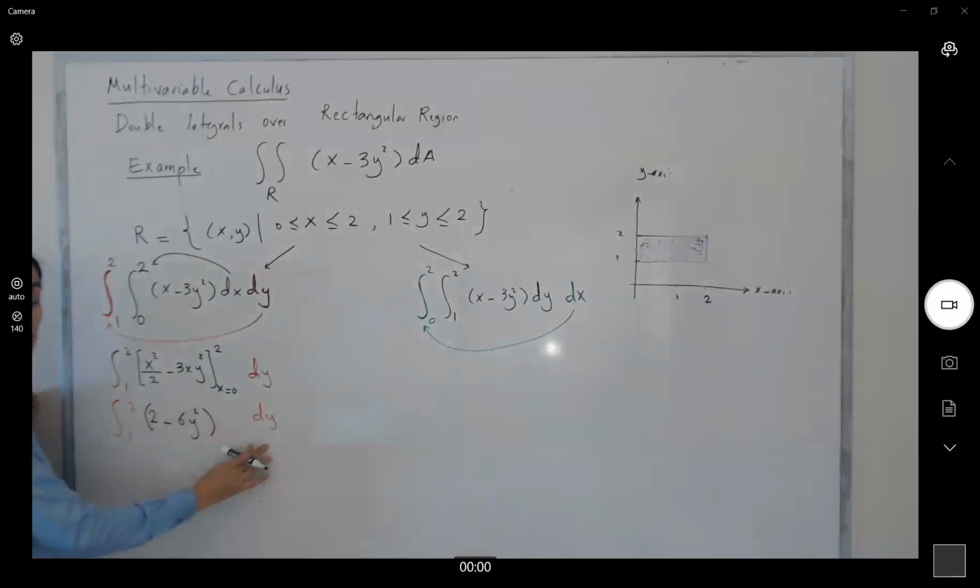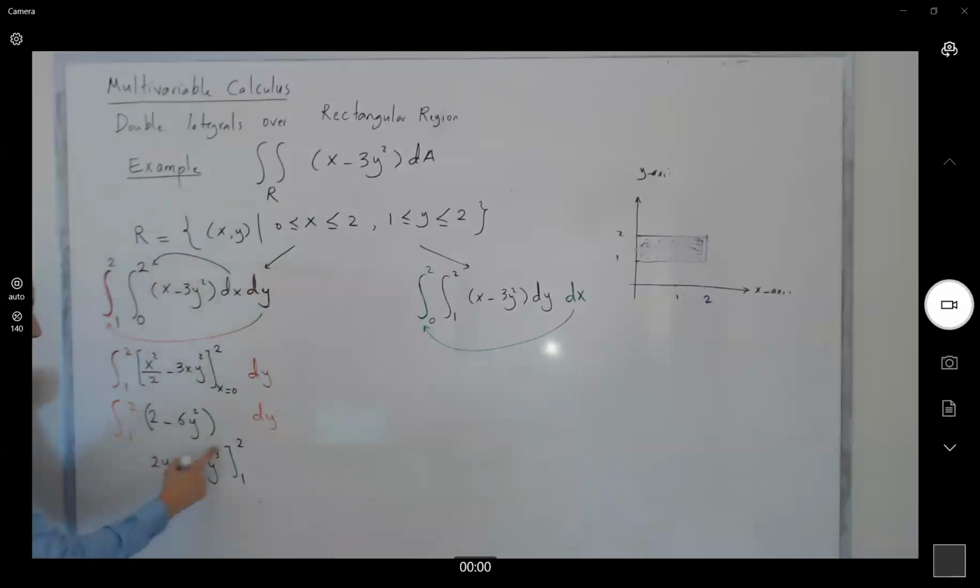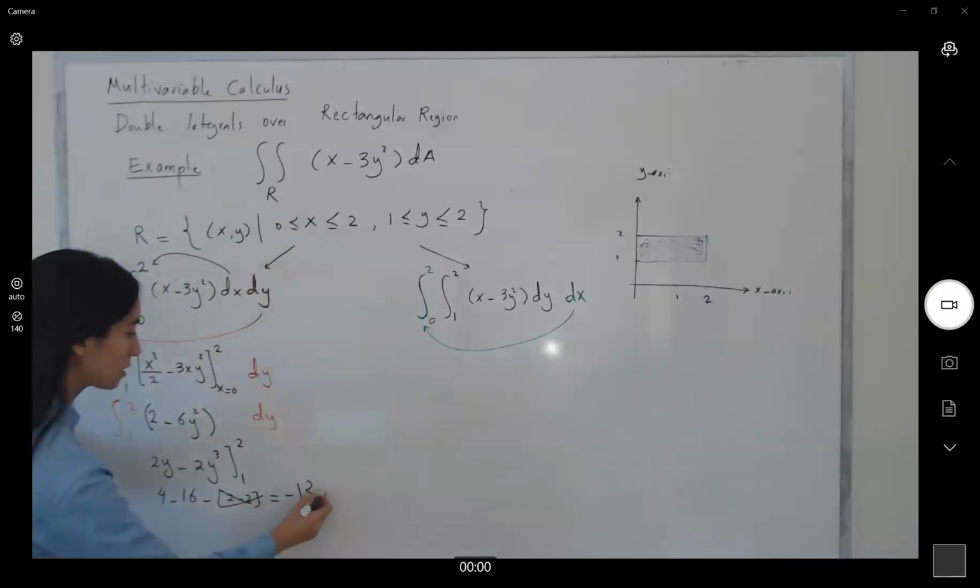Now take the integral with respect to y, which gives you 2y minus, here you have 6 divided by 3, which is 2y cubed, from 1 to 2. We plug in 2 for y, then we plug in 1 for y, and we do the subtraction. If I plug in 2, I get 4 minus 16, minus, and then I plug in 1, I get 2 minus 2. So this is just 0. The outcome is equal to minus 12.